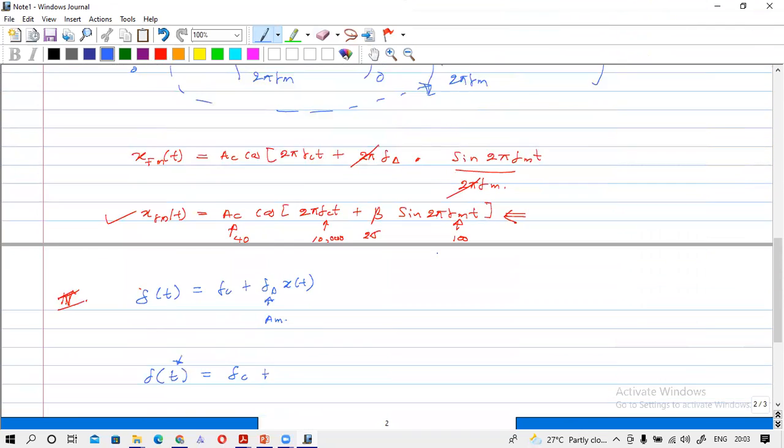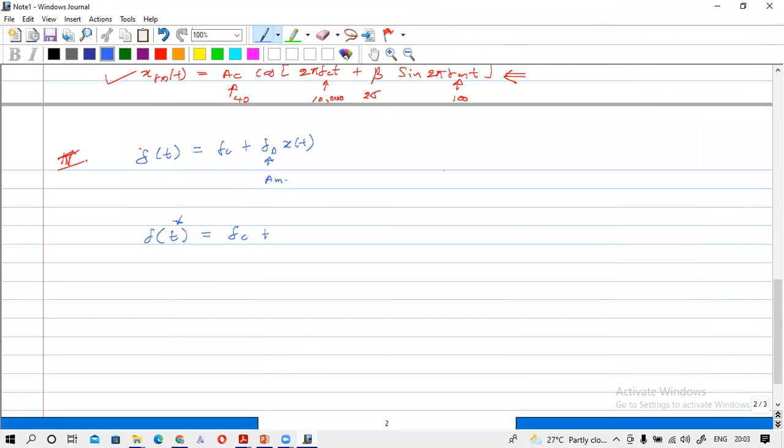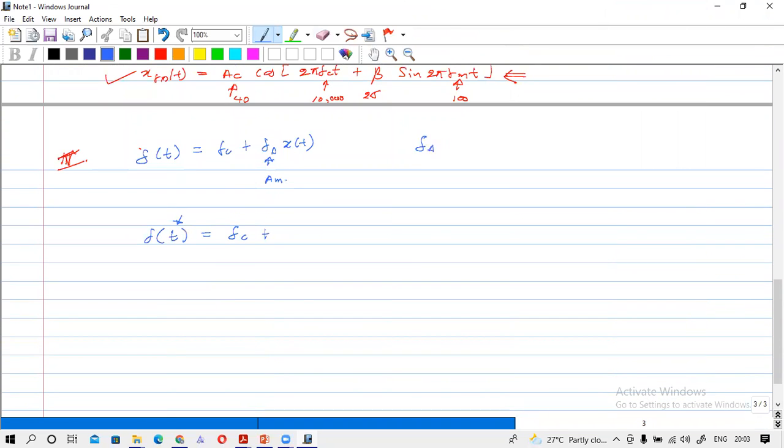F delta is equal to the modulation index times the modulating signal frequency. Beta is 2.5 and Fm is 100, so this is the frequency deviation, 250. This is the frequency deviation, F delta.